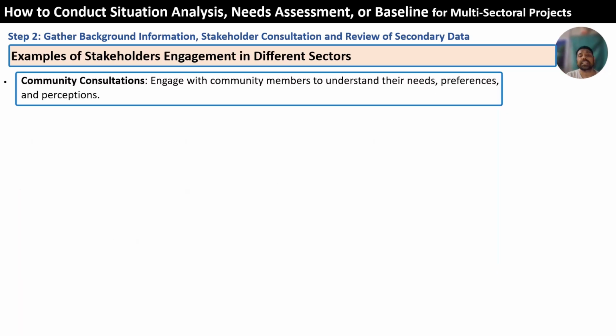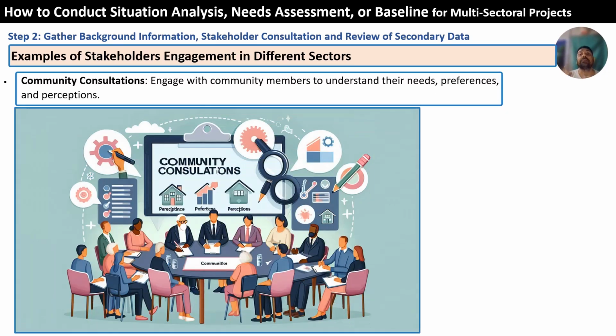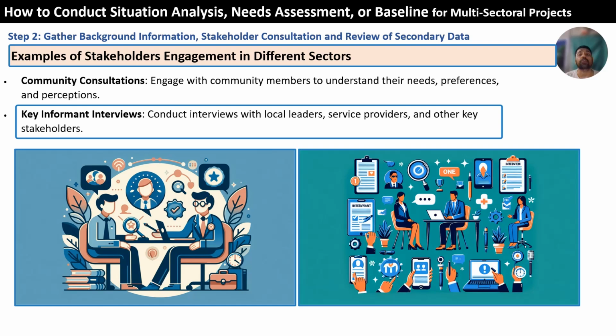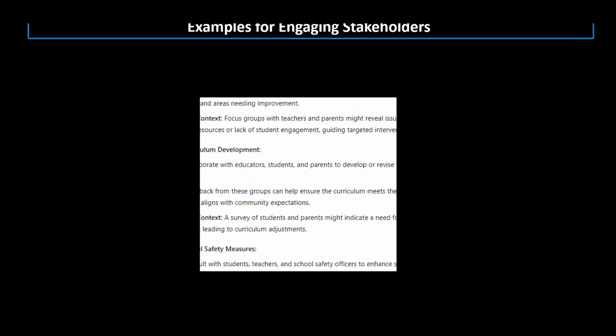Examples for community consultations: engage with community members to understand their needs, preferences, and perceptions. You will need to conduct interviews with local leaders, service providers, and other key stakeholders.